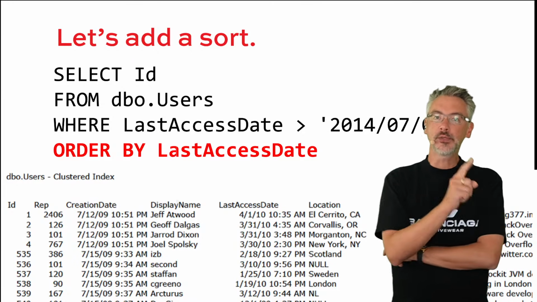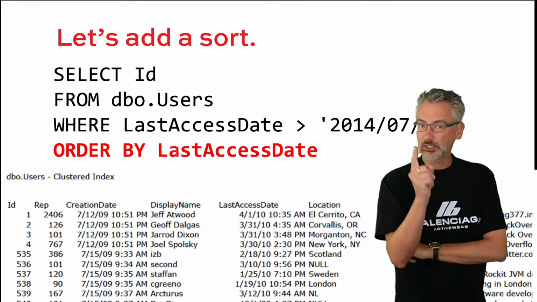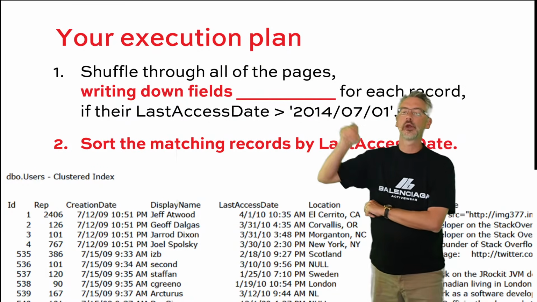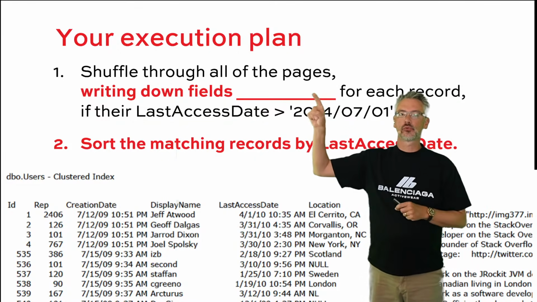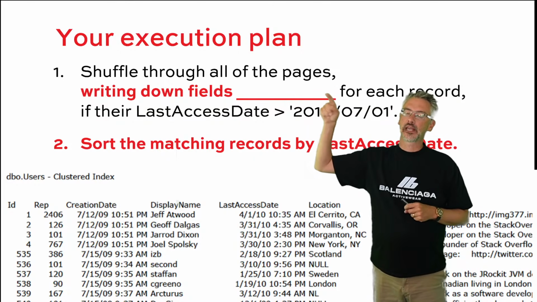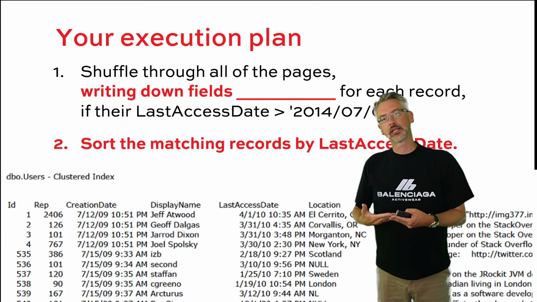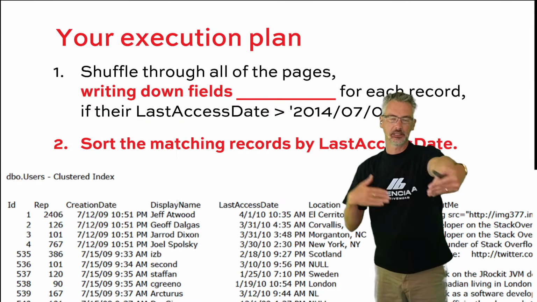Hero says, it's same as previously, but now I'm going to write the IDs down. Okay, this gets a little tricky. What are you going to write down? You can't just write down the IDs. If you only wrote down the IDs, then as each new ID matches, how do you know where to put it in the list?